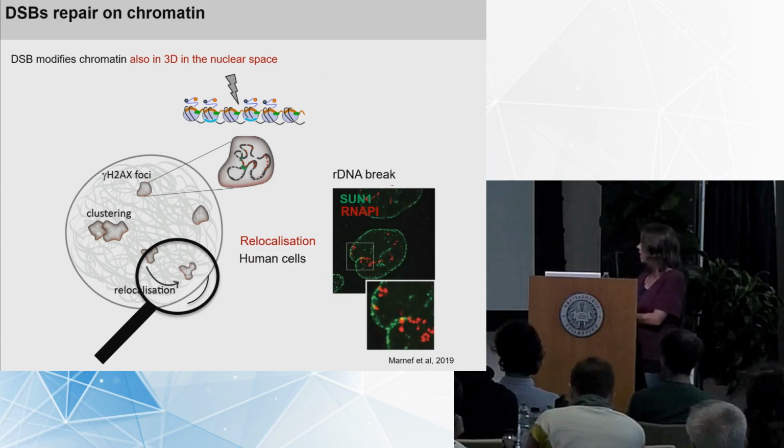And this occurs also in human cells, where the DSBs induced in the ribosomal DNA can actually contact nuclear envelope invagination.